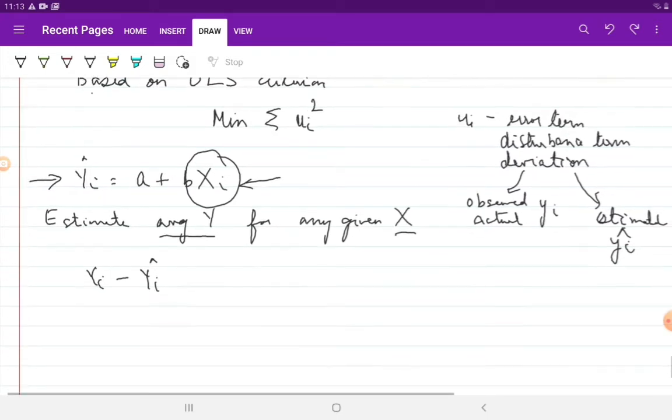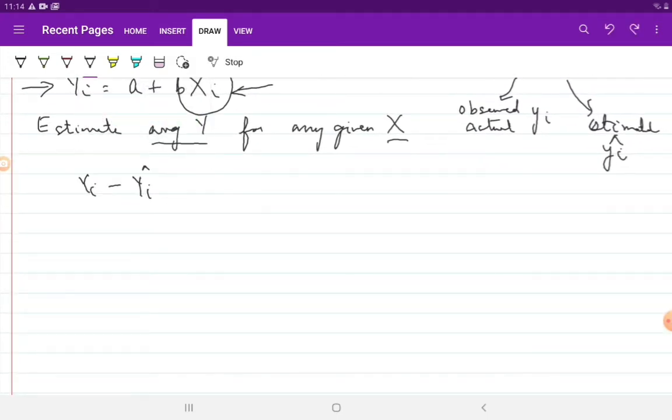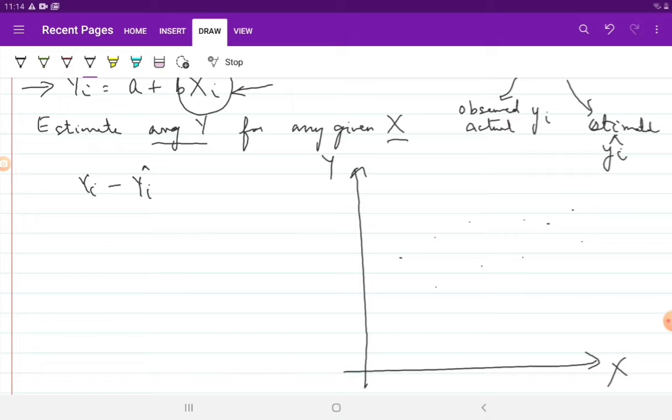If you remember the diagram that I drew last time, here you have your x variables, here you have your y variables. Like I said, you probably have pairs of x and y variables. Now, based on these pairs, if you try to estimate an average relationship, based on this hypothetical distribution of observations, you can probably get a line of best fit or a regression function y is equal to a plus bx, right?